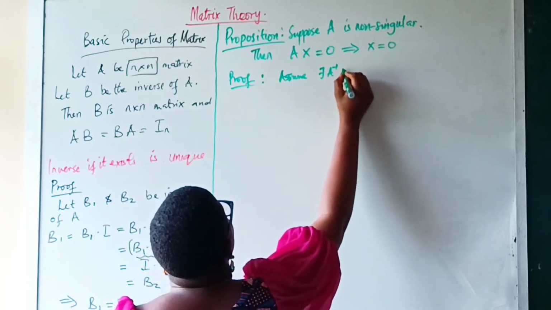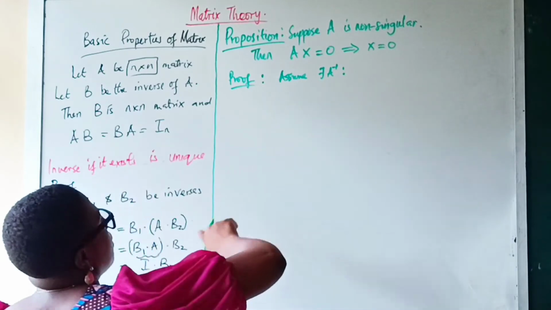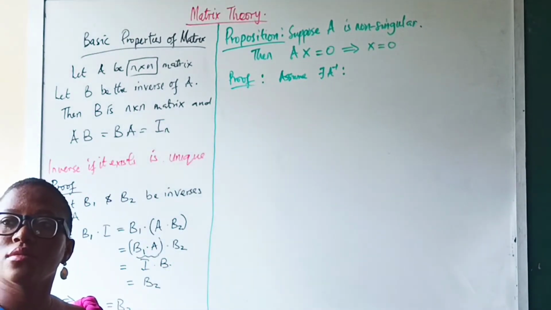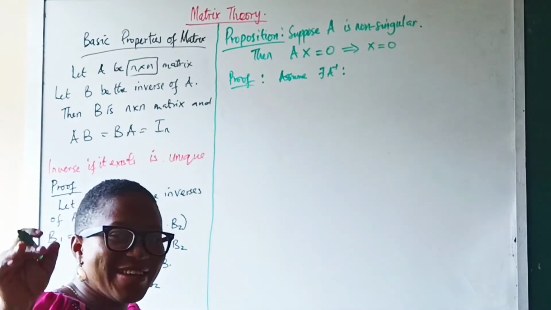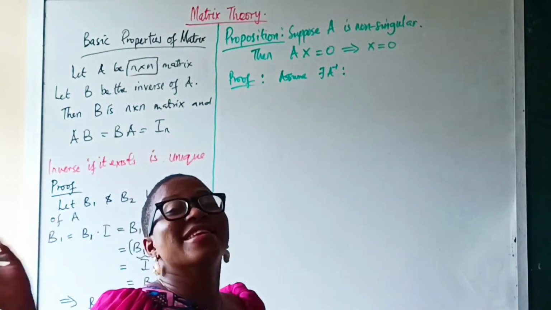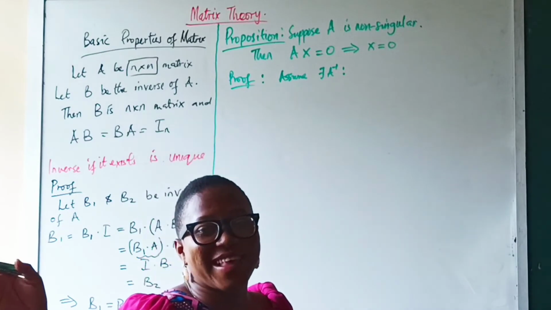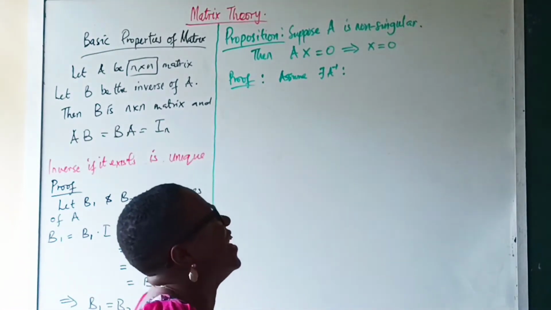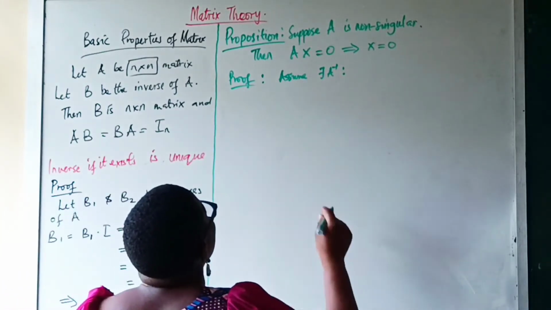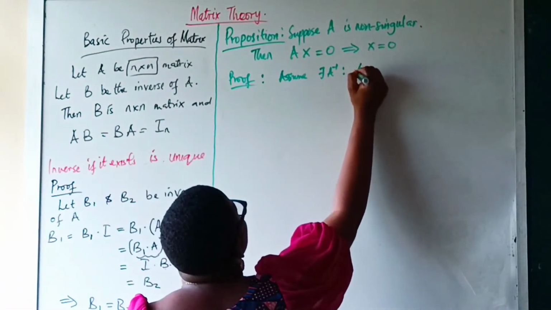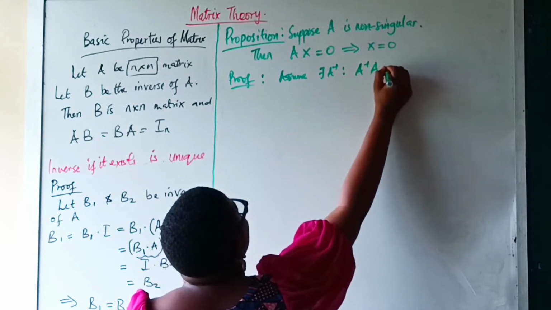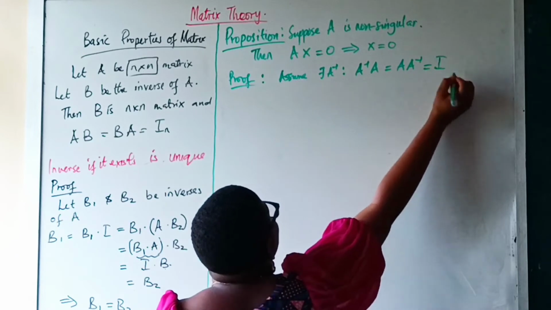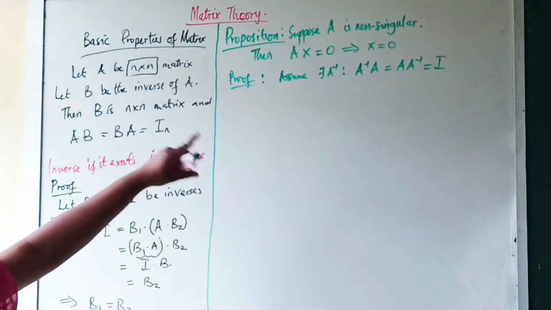Once we suppose that A is non-singular, there is no assumption again. A has an inverse, such that A inverse times A is equal to A times A inverse is equal to I.